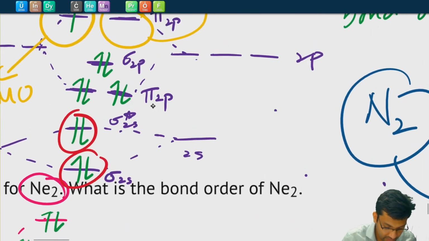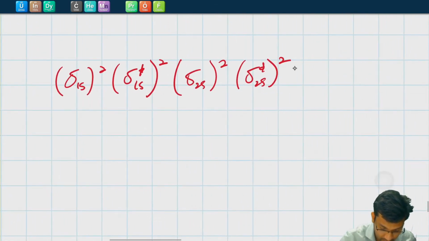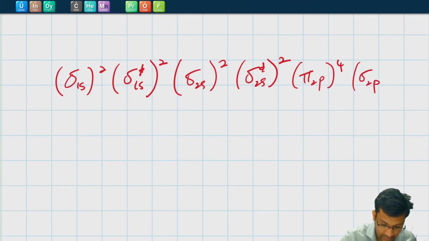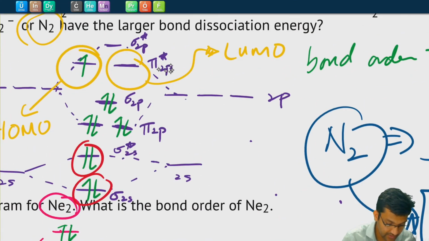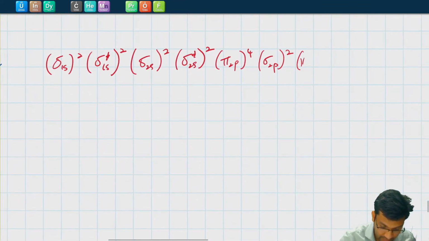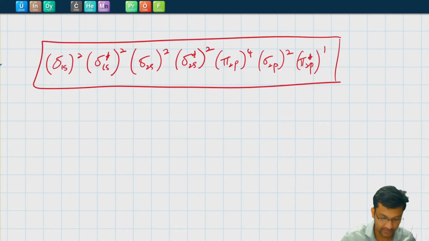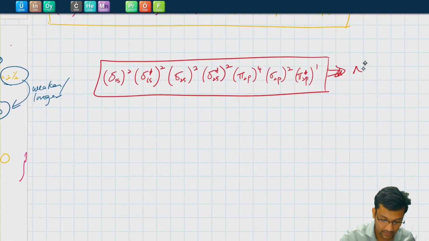Now we have the pi 2p with 4 electrons and the sigma 2p with 2 electrons. And finally, there's a pi 2p star with just 1 electron in it. And so this is the electron configuration of N2 minus.